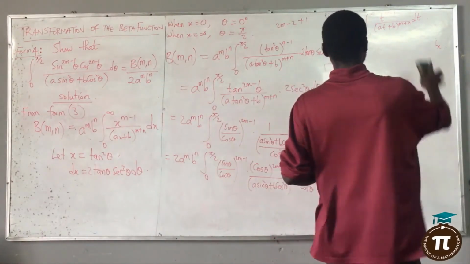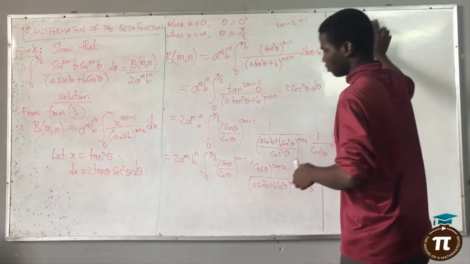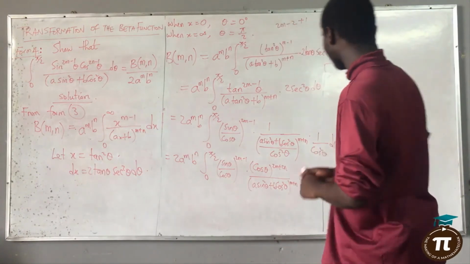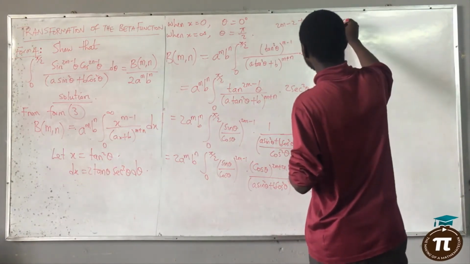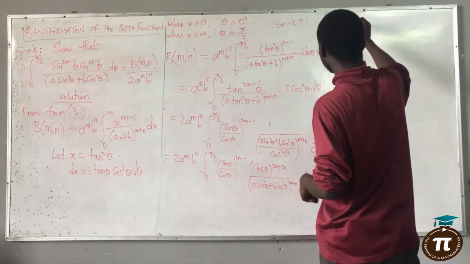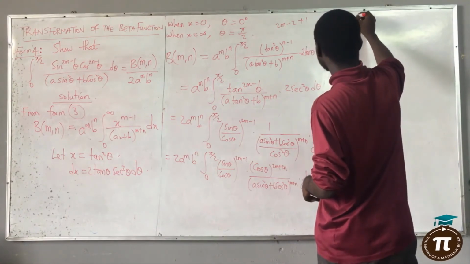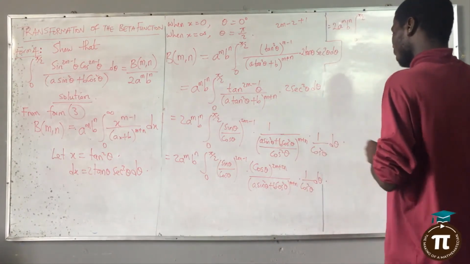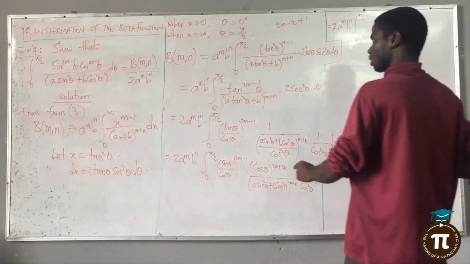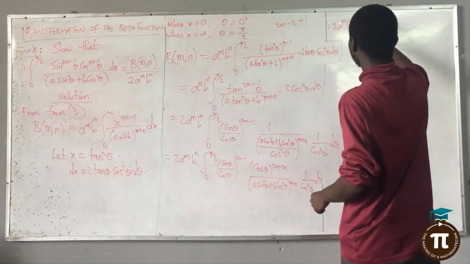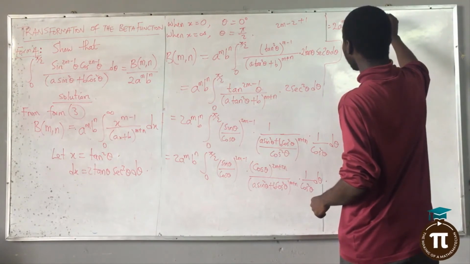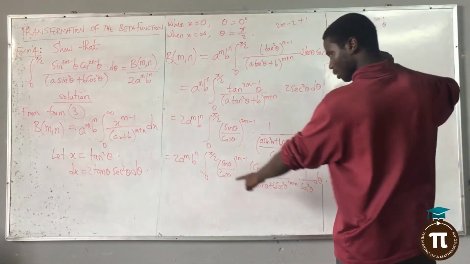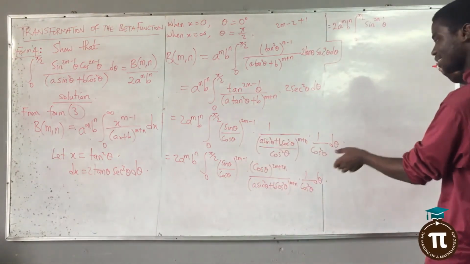So at the end of the day, by the time I evaluate all this, this will become 2a raised to the power of m, b raised to the power of n, integral from 0 to pi over 2 of, now this will be sine 2m minus 1 theta. That is what I have, that's the only sine.